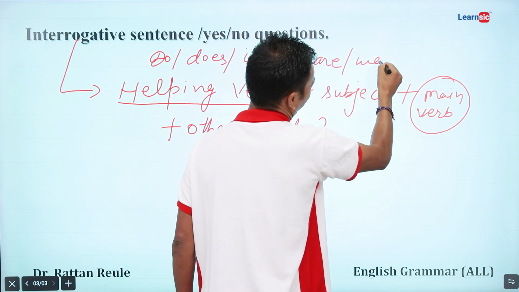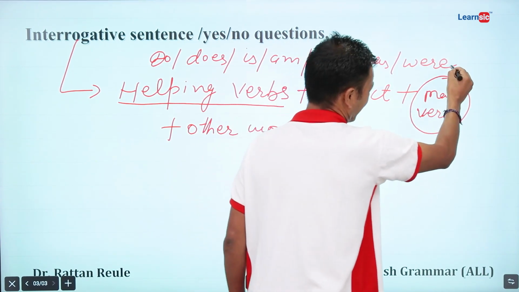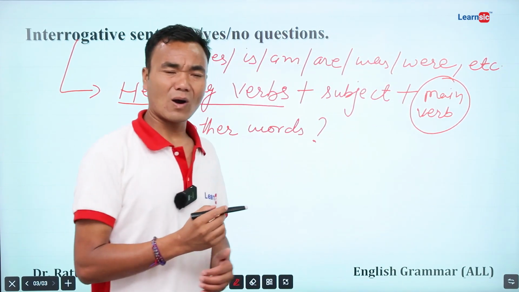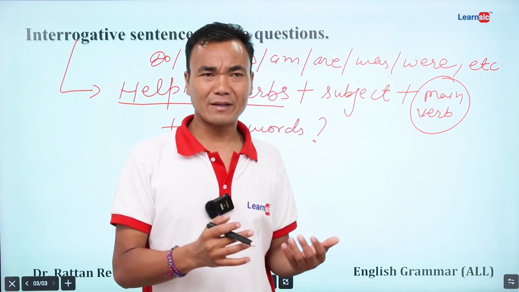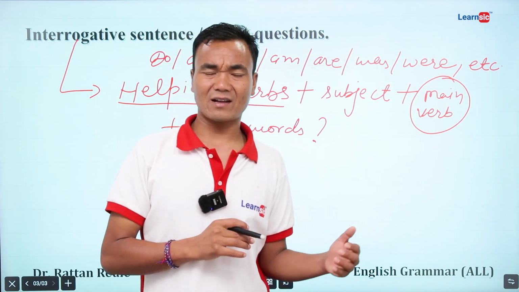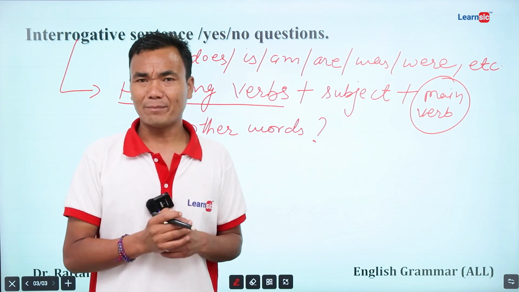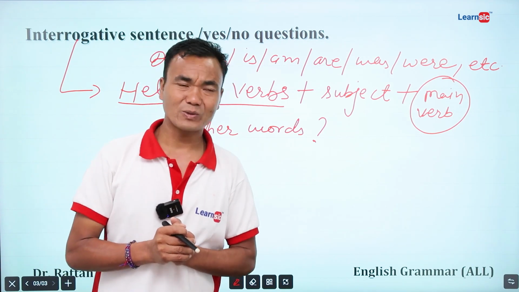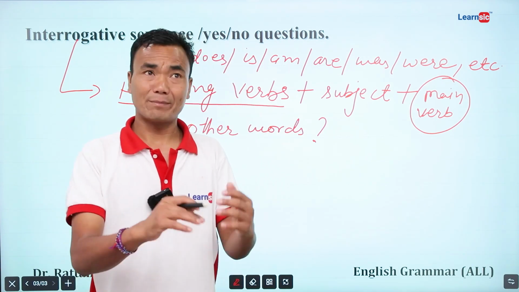And was, were, and so many others, etc. They are called the helping verbs. There are many helping verbs from the present tense, many from the past tense, and there are also English modals. They are also considered helping verbs.